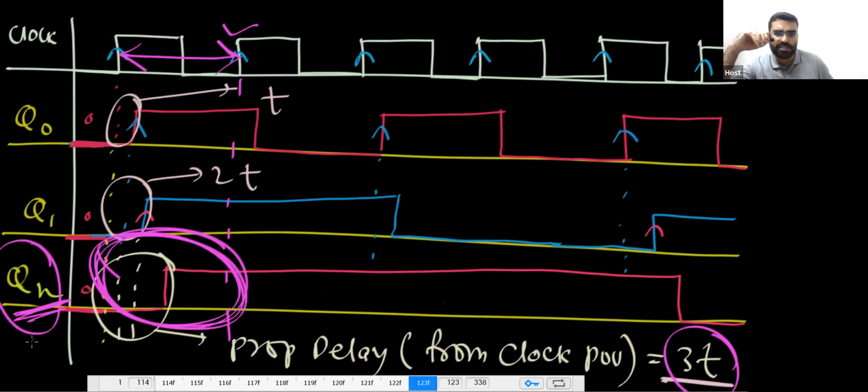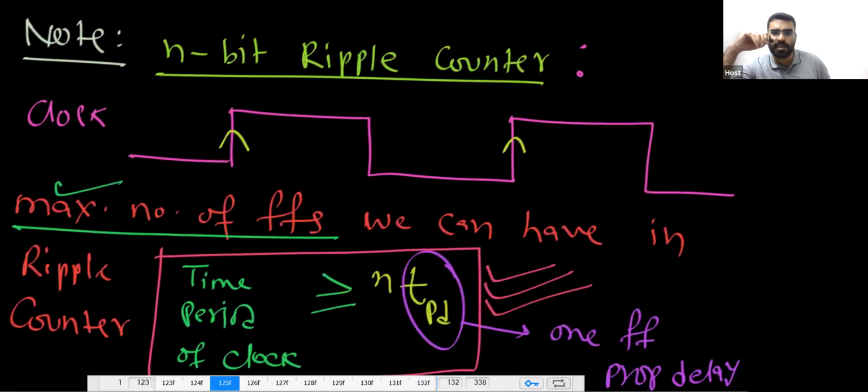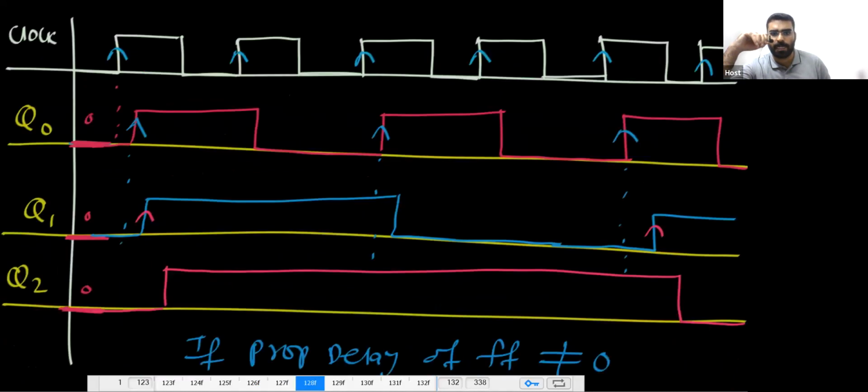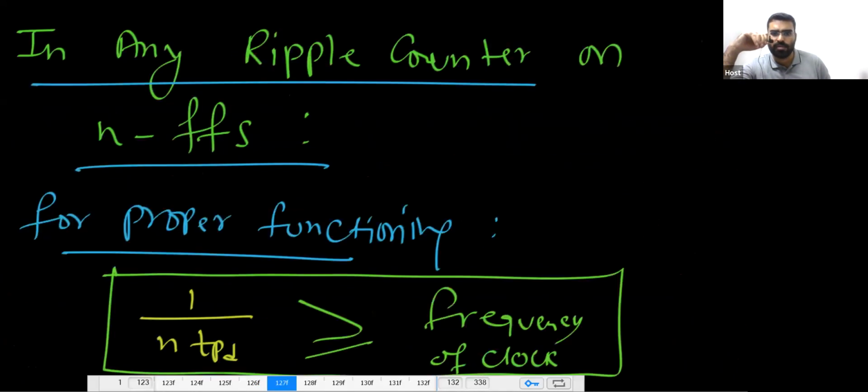If this n is large, it will cross the next clock edge, and that is the problem. So finally, this is the point. Okay, very good. If you understood, very good.